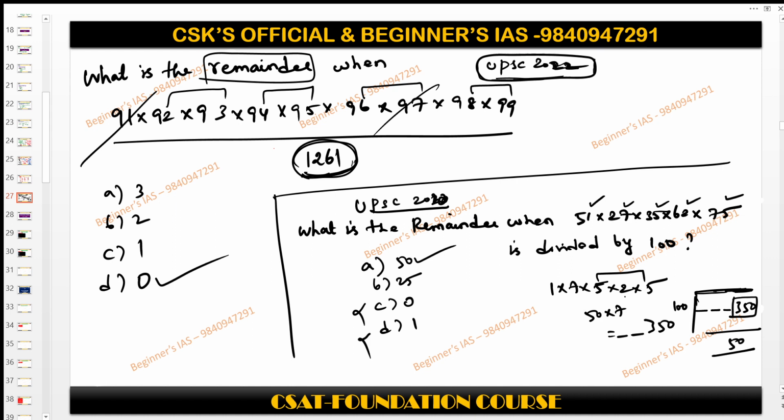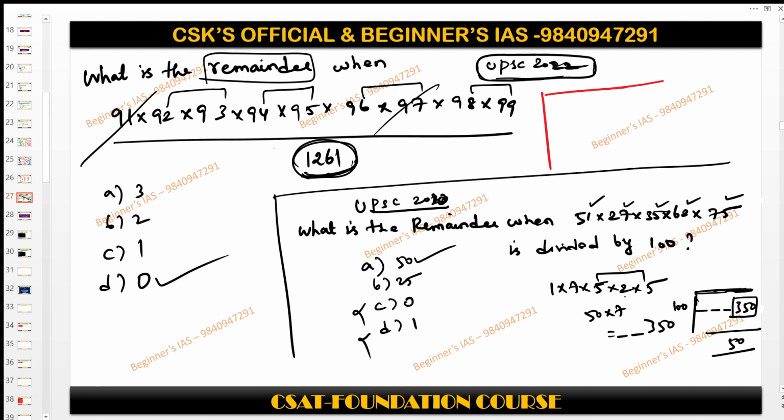Then what you need to do is divide the given expression by 2. Then you have eliminated 51, 27, 35, 62, 75. Wait, I will tell you Divyanshi's method.